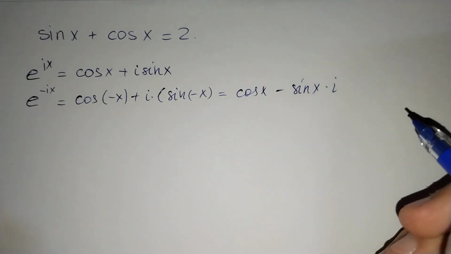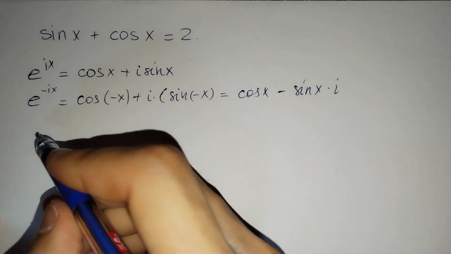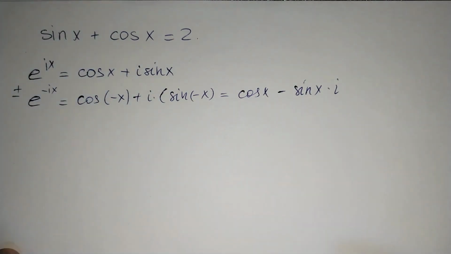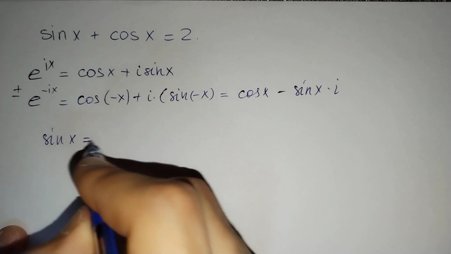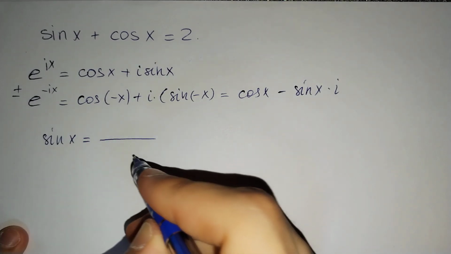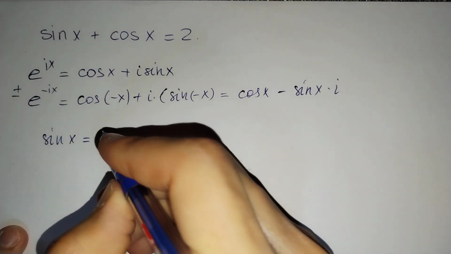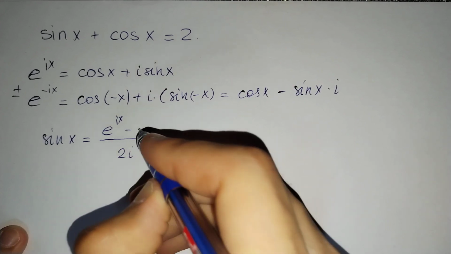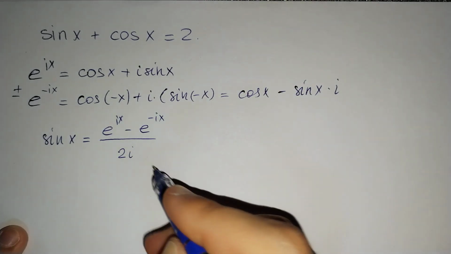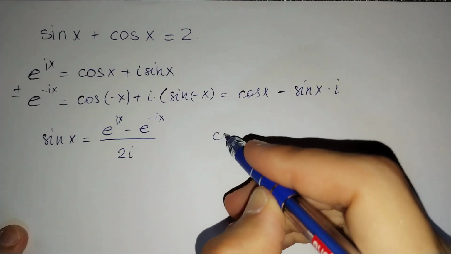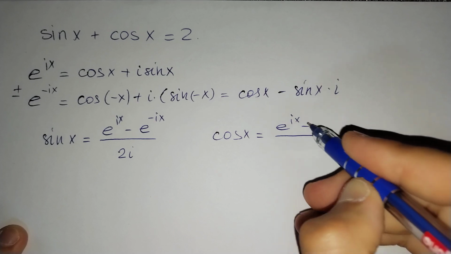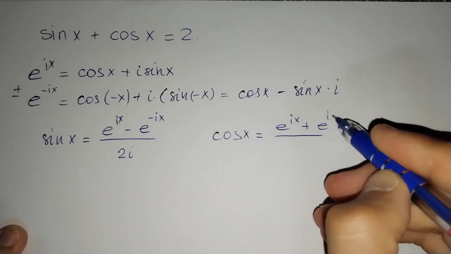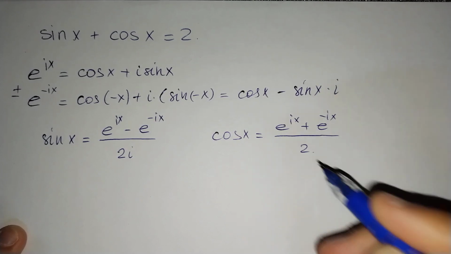Now add and subtract these two equations, and we find sine x is equal to e power ix minus e power negative ix over 2i, and cosine x is equal to e power ix plus e power negative ix over 2.